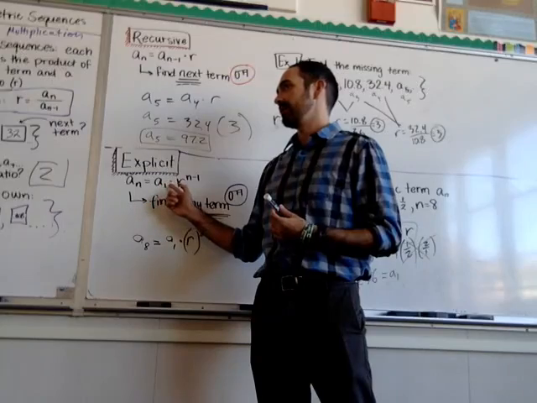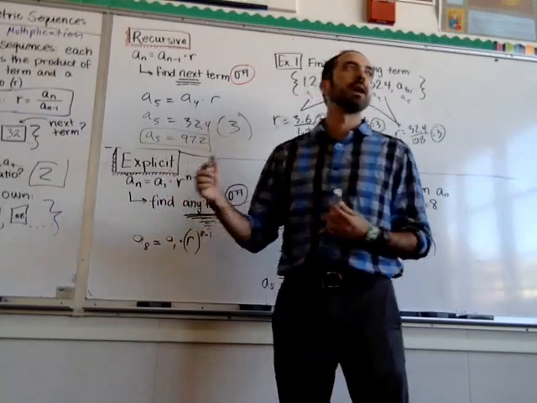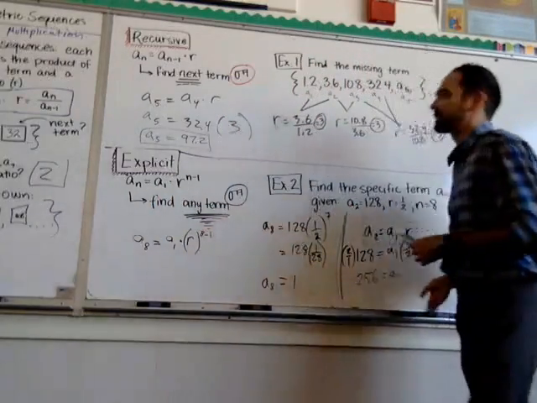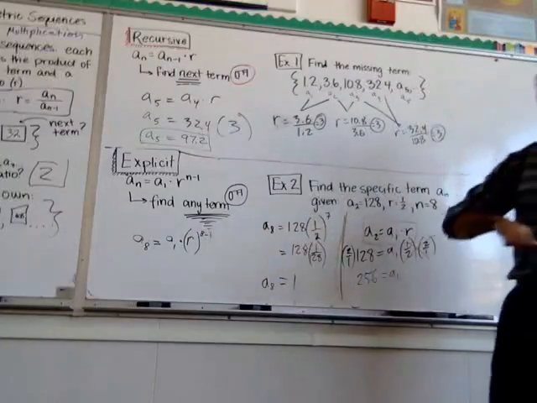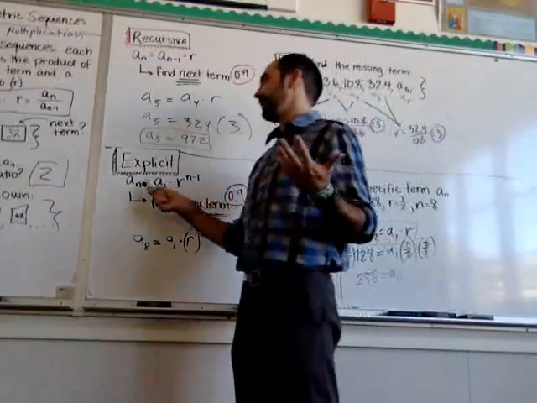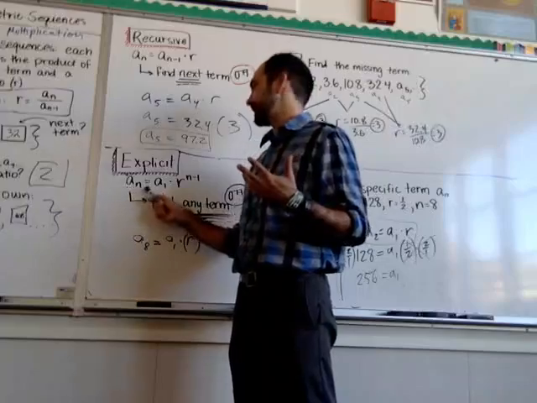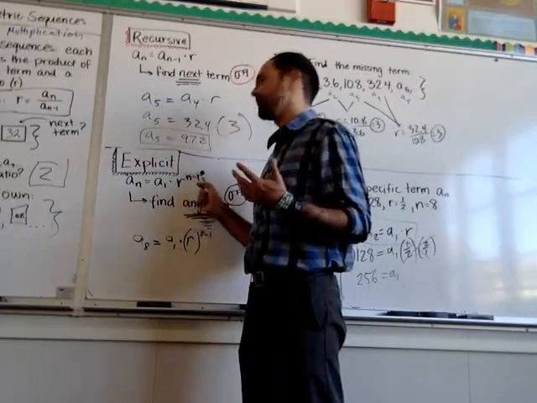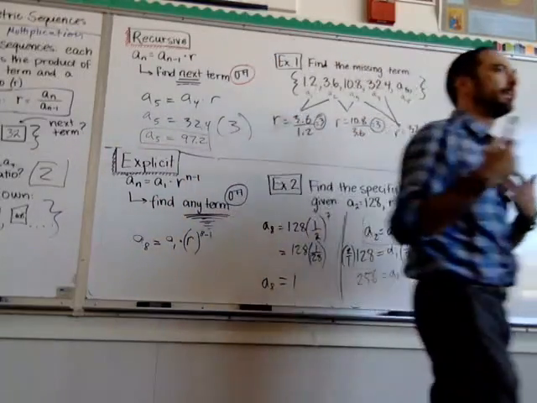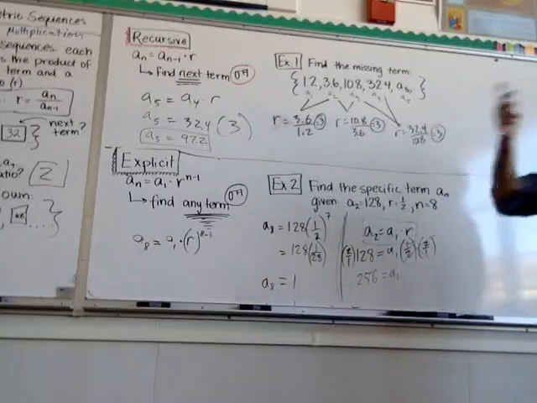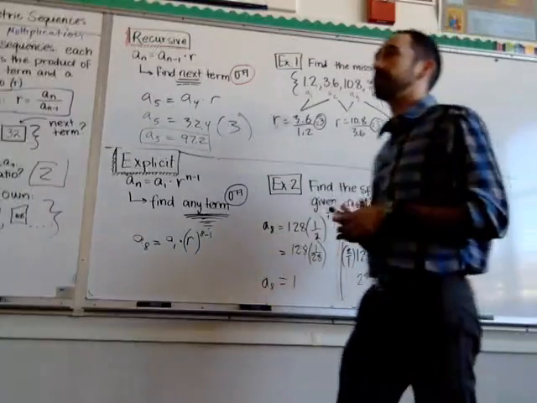Or you do it 3 times? You could do it. I used the recursive because I was just looking for the term before it, but I would solve it this way. If I have the third term, a sub 3 is equal to a sub 1 times r to the 3 minus 1. You could work it that way as well. Just know that you're going to plug some things in and work backwards sometimes. It's no big deal. It's just algebra.